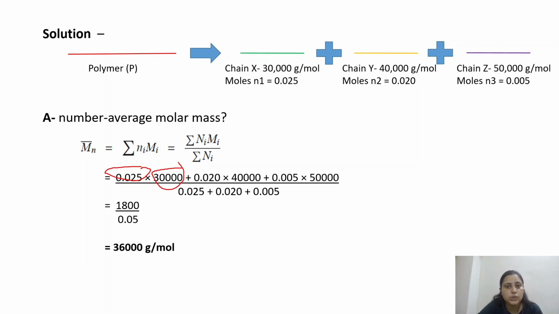The plus sign will be there, which is calculating the sum of all of the multiplication of Ni, Mi.